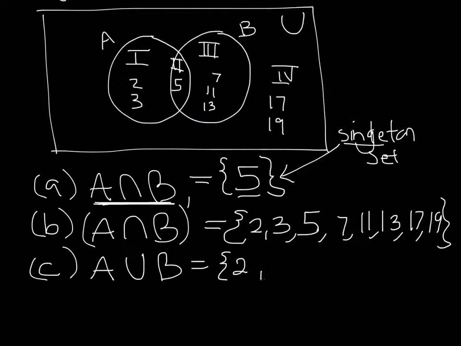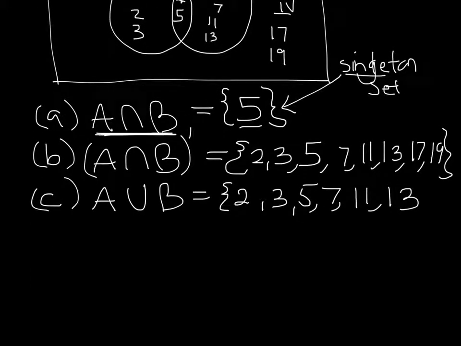Now we look at set B. B is 5, 7, 11, and 13. But notice 5 is in common with A and B, so we don't want to write another 5 here. We just write 7, 11, and 13. So that is A union B.